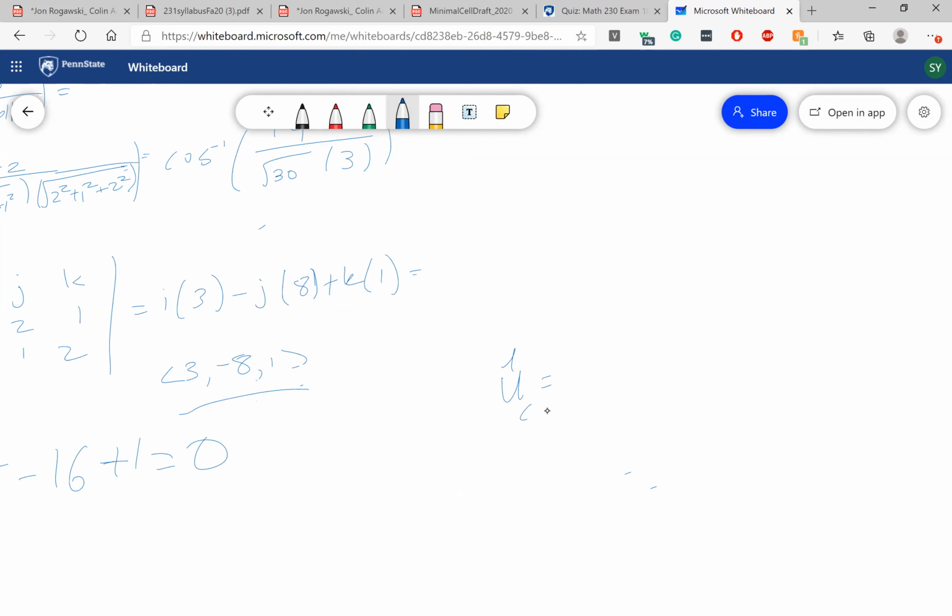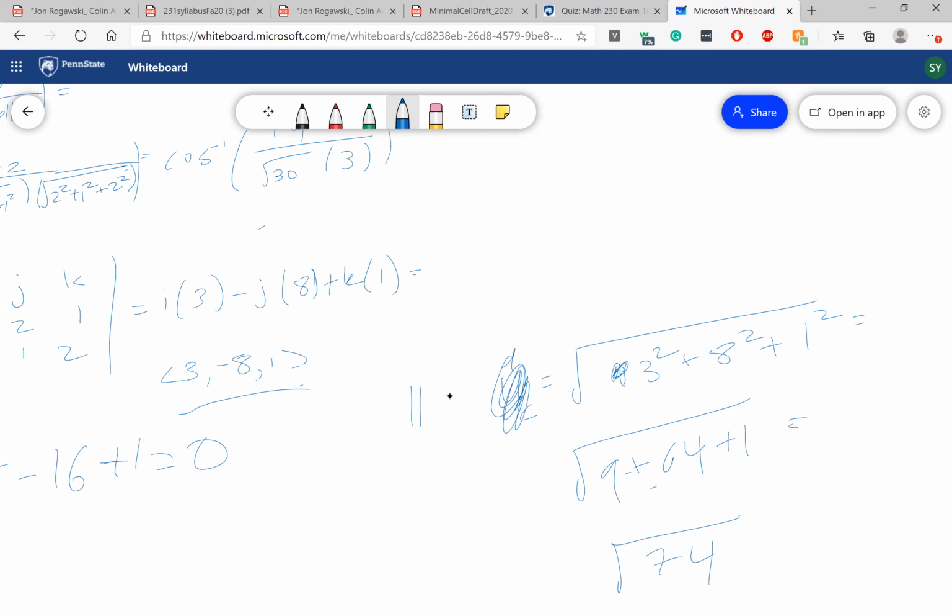Anyway, the magnitude of C is going to be the square root of 3 squared plus 8 squared plus 1 squared, which is the square root of 9 plus 64 plus 1, which is equal to the square root of 74. So this is the magnitude of C.